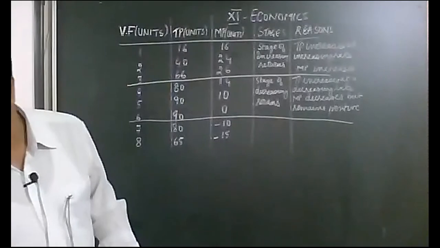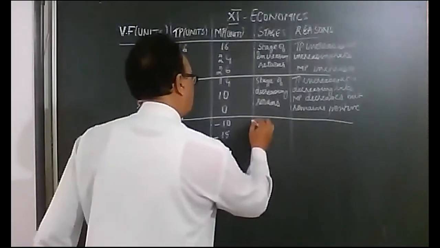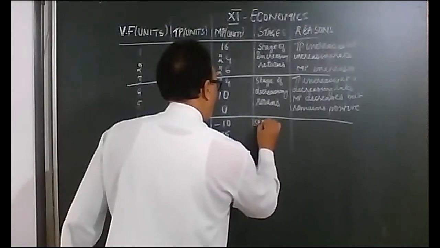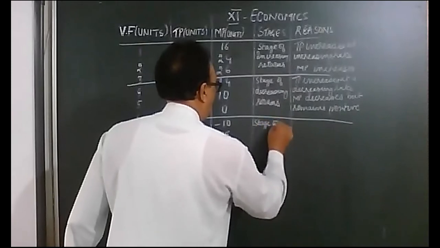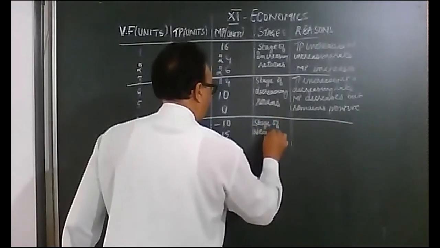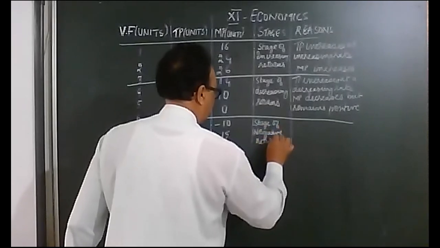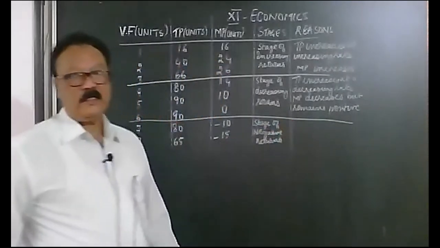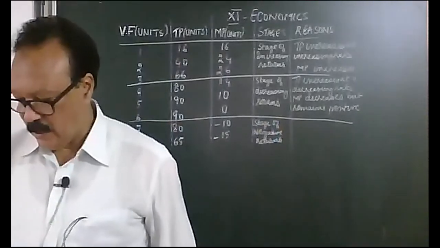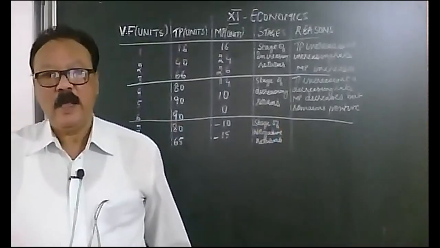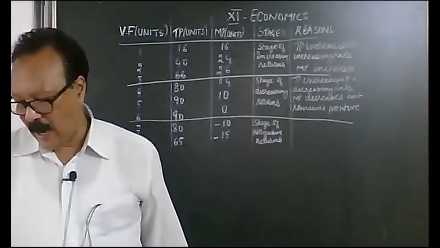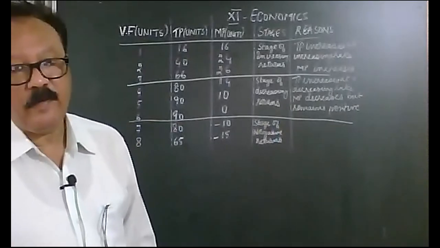The third stage is the stage of negative returns. Why is this stage called the stage of negative returns? TP decreases, MP decreases and becomes negative.